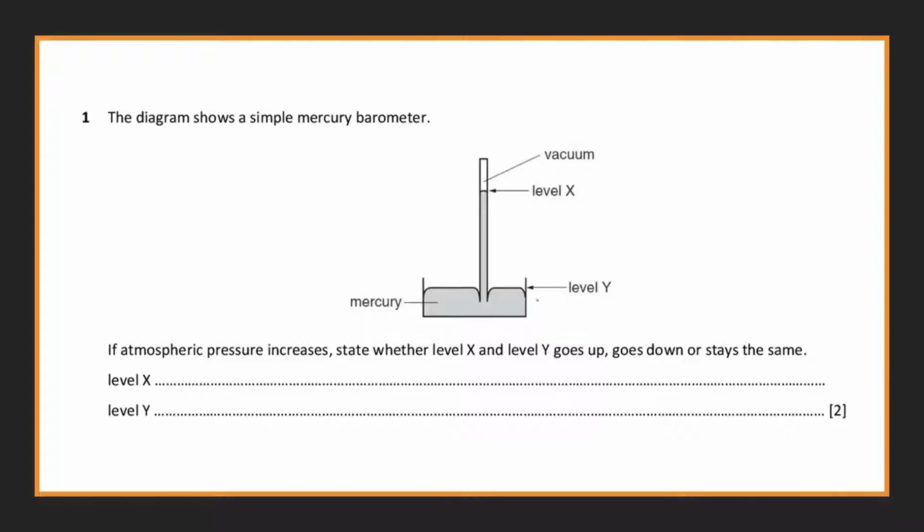The atmospheric pressure is pushing this level of mercury and also this one downwards. So when the atmospheric pressure increases, of course, level Y will become lower than the initial position. So we can say that level Y goes down.